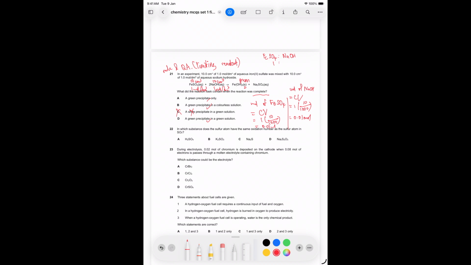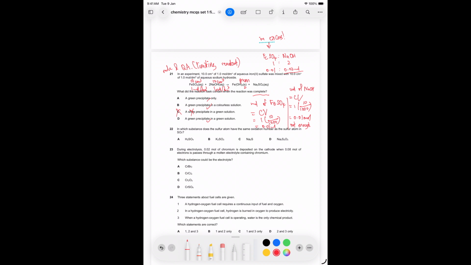NaOH. This is 1:2. So if iron 2 sulfate we have just now is 0.01 mole, NaOH will be what? 0.02 mole, which is what we need. But in reality, we only add in 0.01 mole. So this is not enough. In other words, your iron 2 sulfate is actually in excess.